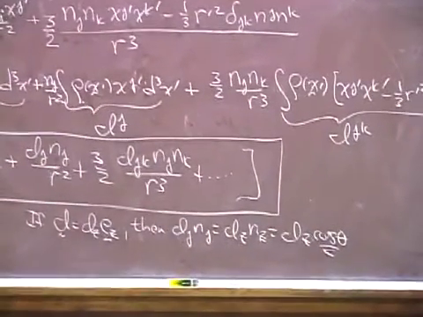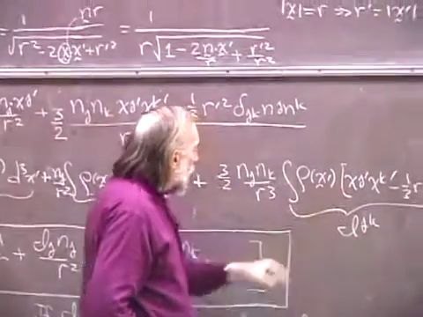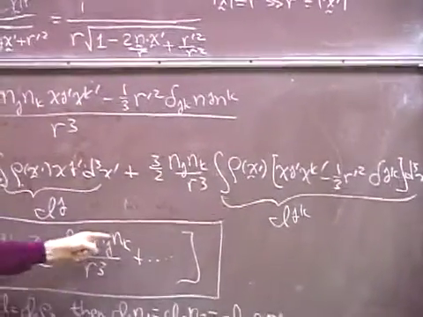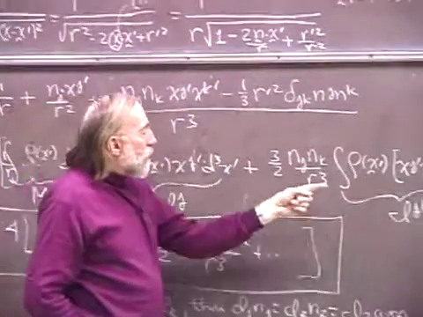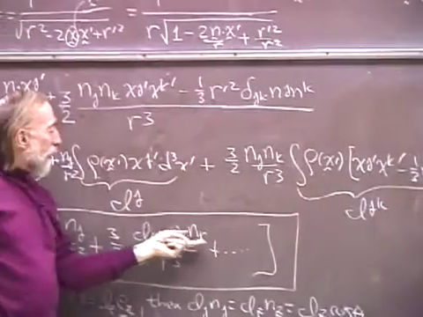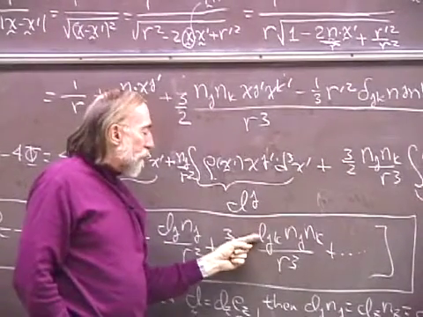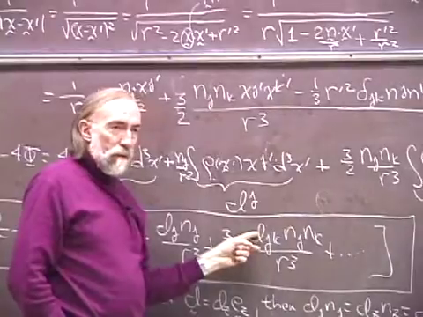Similarly, if you look at this quantity, this ijk, nj, nk, the fact that ijk is trace-free tells you that when you rewrite this in terms of spherical harmonics, it will involve spherical harmonics of order 2.